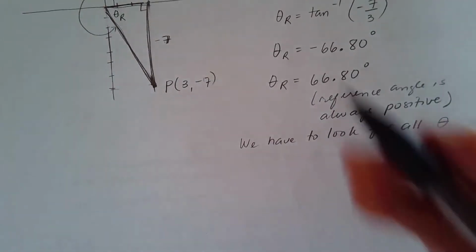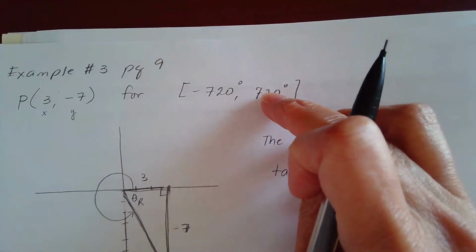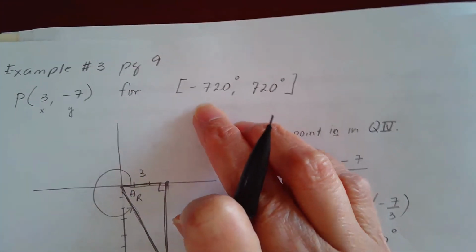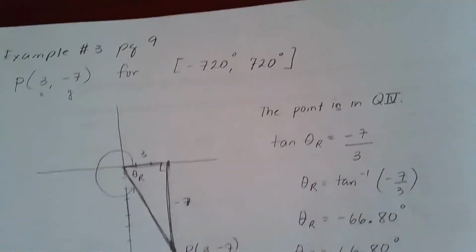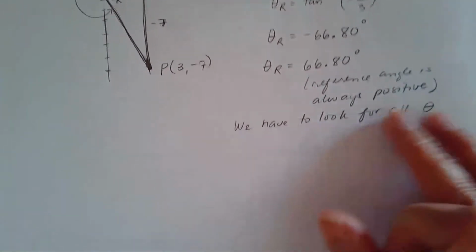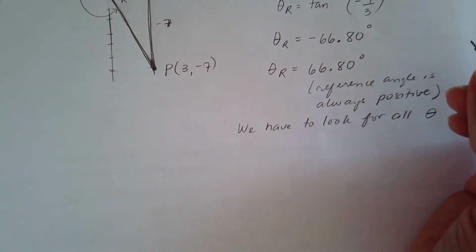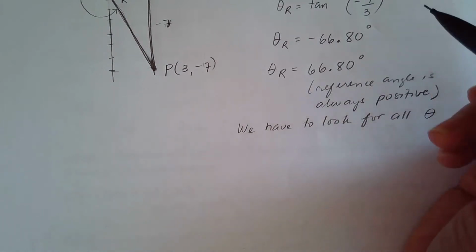So we're going to take a look at 2 rotations counterclockwise, and then because it's going to be a negative, we're also going to do 2 rotations the other way. So how can we do that? We can actually use the angle in here.